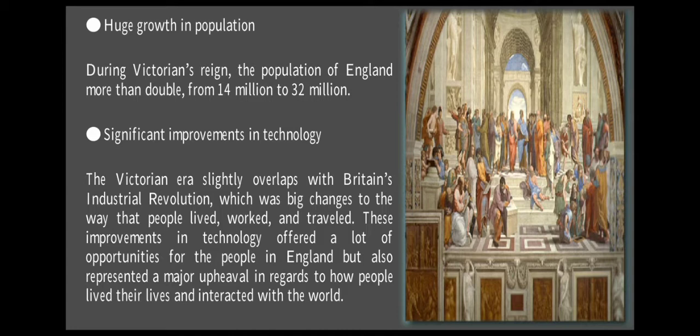The Victorian era slightly overlaps with Britain's Industrial Revolution, which was a big change to the way that people lived, worked, and traveled. These improvements in technology offered a lot of opportunities for the people in England, but also represented a major upheaval in regards to how people lived their lives and interacted with the world.